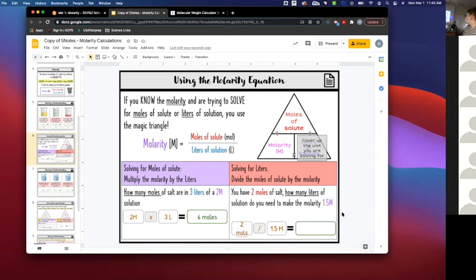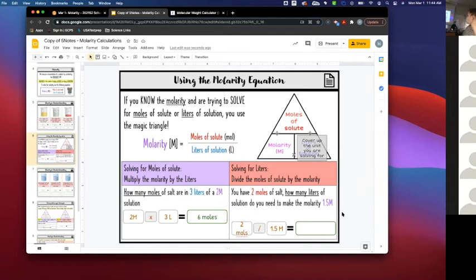You're doing 2 divided by 1.5. What'd you get? Good, Lucas. I'm not sure. I think you did your math backwards. Yeah, there you go. Nice.